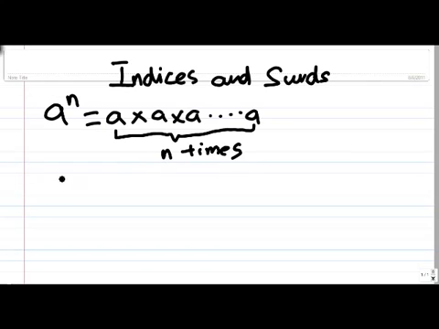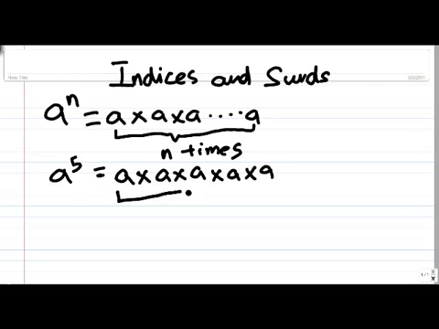So if you had a to the power of 5, what you actually have is a times a times a times a times a, 5 times. I would say this is something you should know before we start on indices.